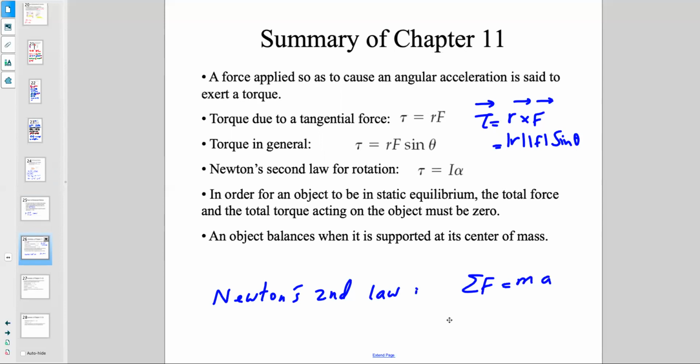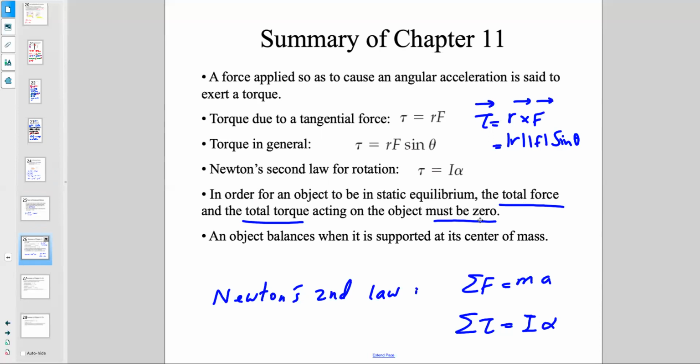Now you have sigma tau equals I alpha. Instead of m, I have moment of inertia I. Instead of a, which is the linear acceleration, I have alpha, which is the angular acceleration. Okay? And then in order for an object to be in static equilibrium, the total force and the total torque, so not only force but also total torque acting on the object, must be 0.